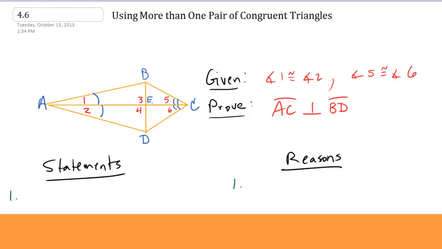Because I know angle 5 and angle 6 are congruent, maybe I can use that to get a different set of triangles congruent that will let me prove what I want to show about triangle ABE and triangle ADE. So that's just the way I'm thinking through this. I started with where I wanted to end up and thought backwards, to see how I could get there.